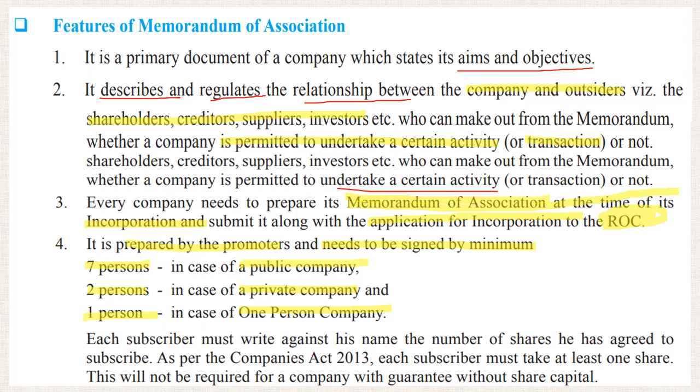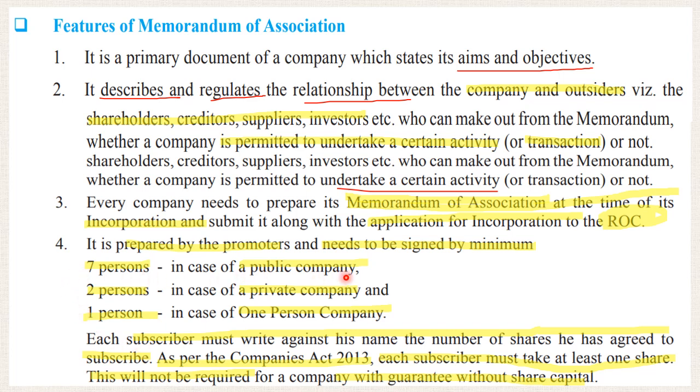Each subscriber must write against his name the number of shares he has agreed to subscribe. That means he needs to purchase the shares of the company. As per the Companies Act 2013, each subscriber must take at least 1 share. This will not be required for a company limited by guarantee without share capital.